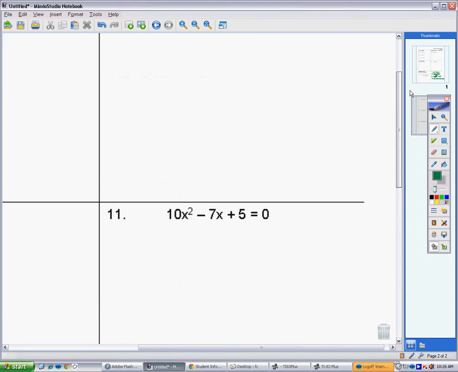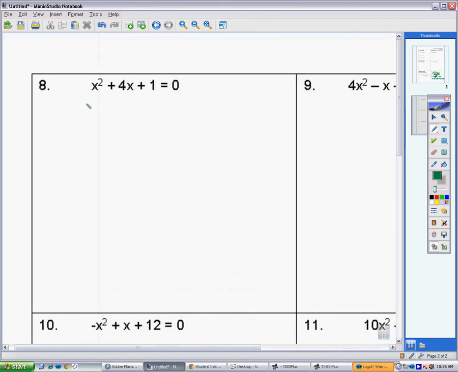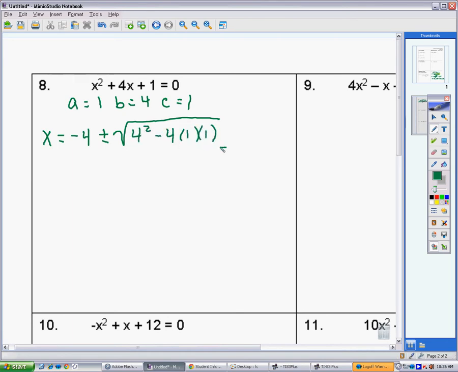Okay, going up. Okay, number 8, A is equal to 1, B is equal to 4, C is equal to 1. So now I'm going to plug it in. X equals negative B, negative 4, plus or minus the square root of B squared minus 4 times A times C all over 2A.